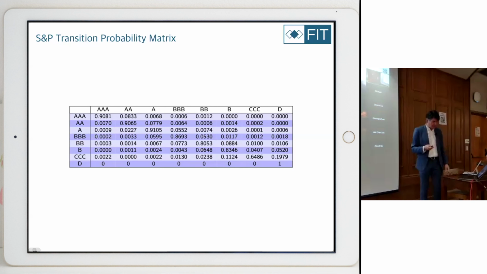Now, it may seem that this matrix is not very interesting, but let me ask you a question. Look at that number. What does that number mean? That's the probability that a triple C rated company becomes triple A next year.